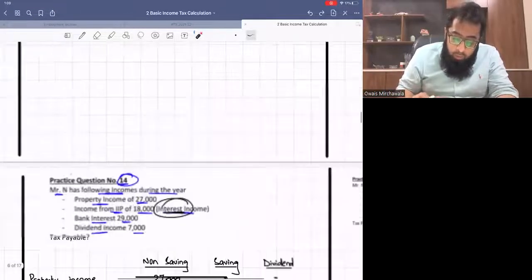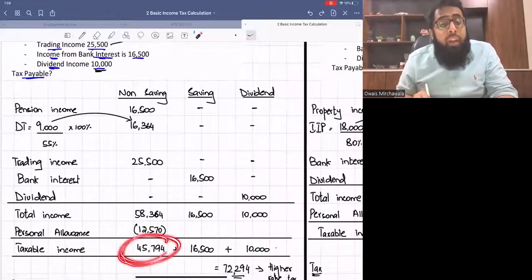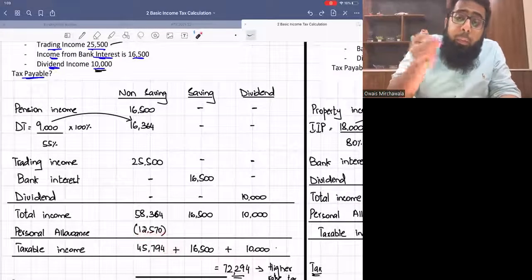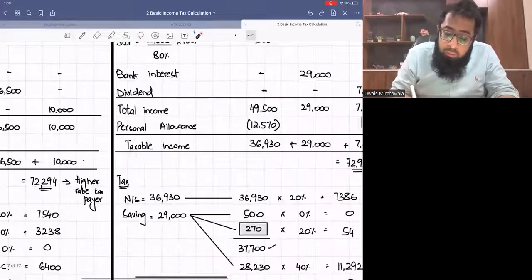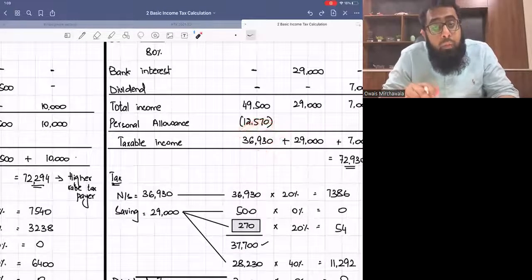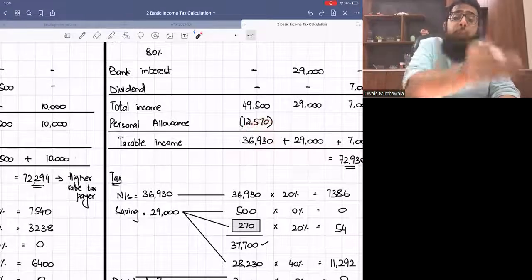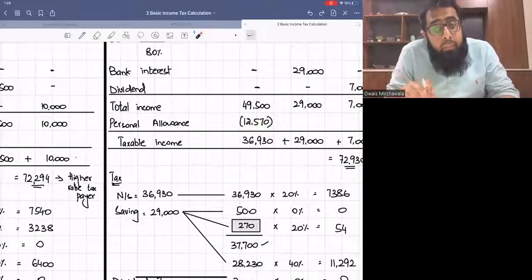Here, your non-saving was 45,794. Saving income was not able to get space in the first 5,000. Here, your non-saving was 36,930. Saving income was again not able to get space in the first 5,000.